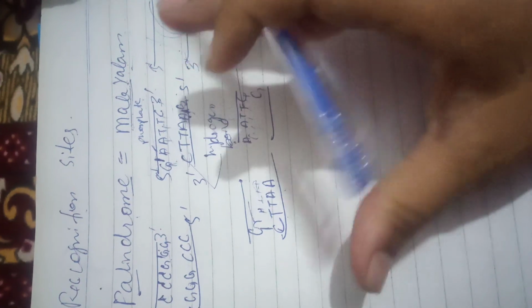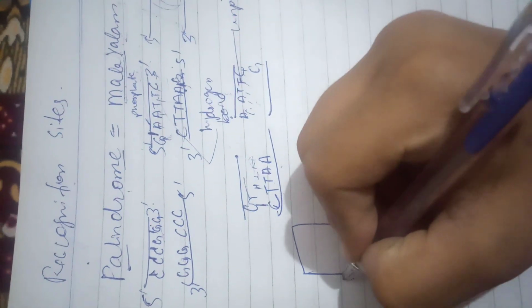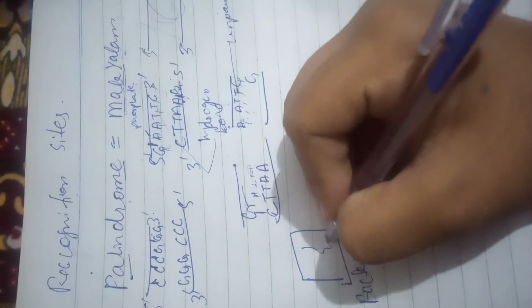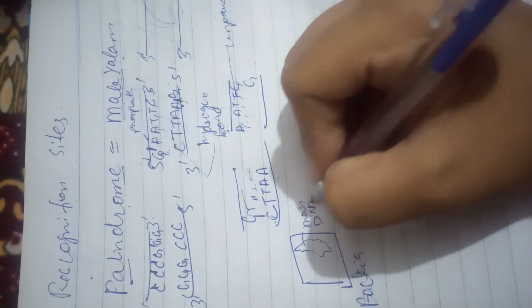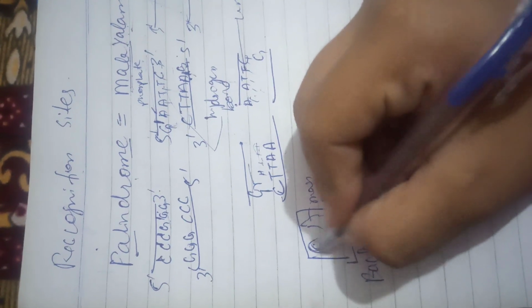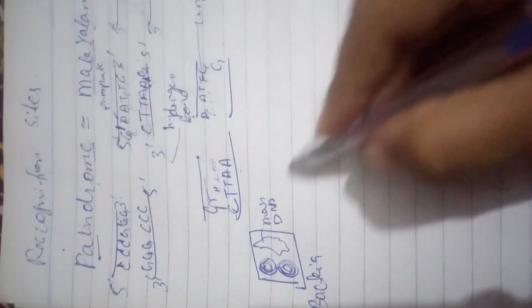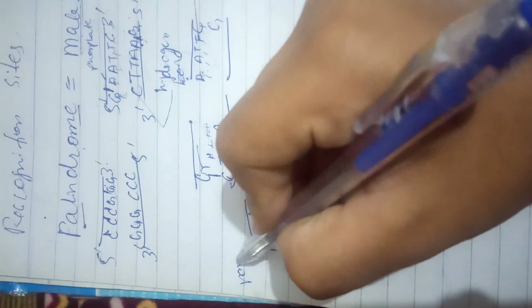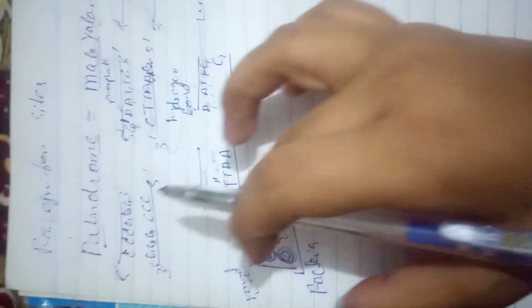Now if you move further, as I told you, this is the cell, this is the bacteria cell, and they have, as I told you, the main DNA. In the last video I discussed that main DNA, and inside that there are plasmids. Here is the plasmid, the round-like structure, or even we can say it is a double structure.